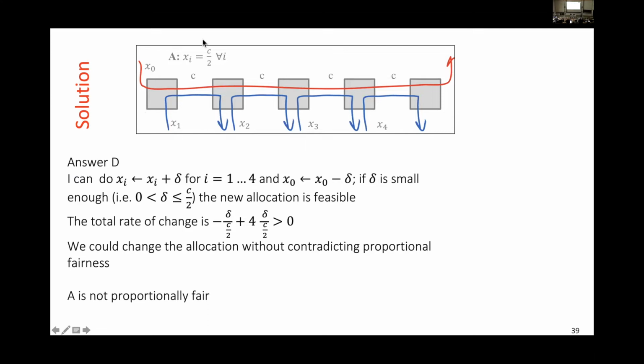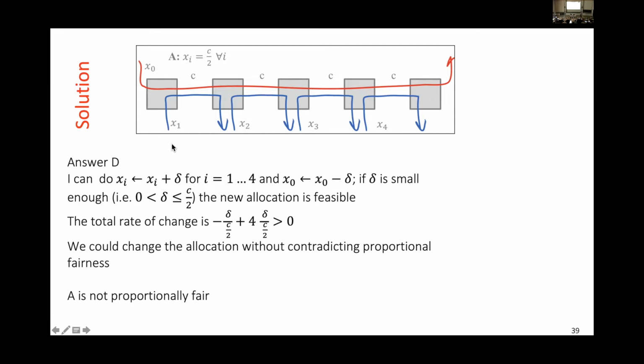So for the first example, this is allocation A. We want to check it against the definition of proportional fairness to see whether it is proportionally fair or not. So what I do is I compute another feasible allocation, the x prime in the definition. How do I compute it? I would say that I will increase the rate of each of these blue by a small delta.